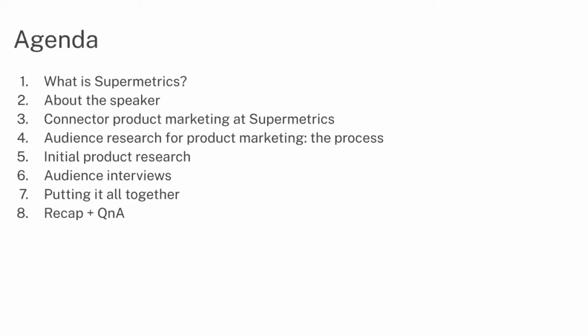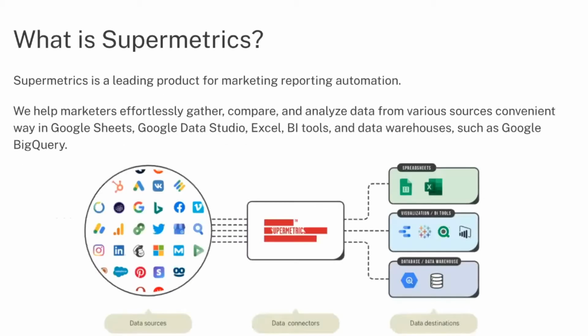So let's get started. First of all, what is Supermetrics? Supermetrics is a leading product for marketing reporting automation. You can see on the image that we have data sources on the left-hand side, data connectors, and data destinations on the right-hand side.